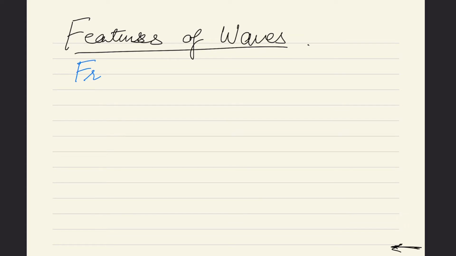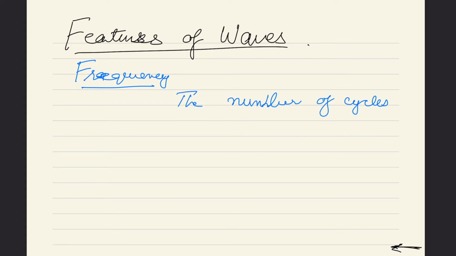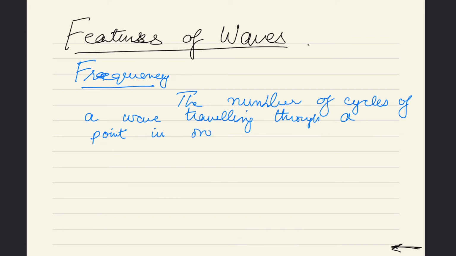Frequency is basically the number of cycles of a wave traveling through a point in 1 second. In 1 second.